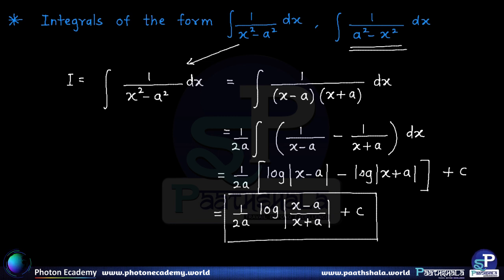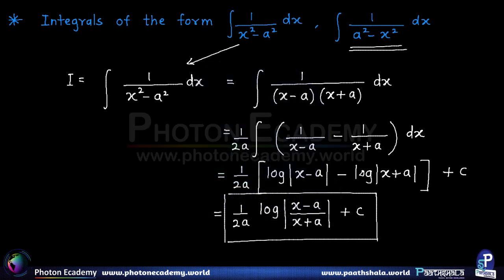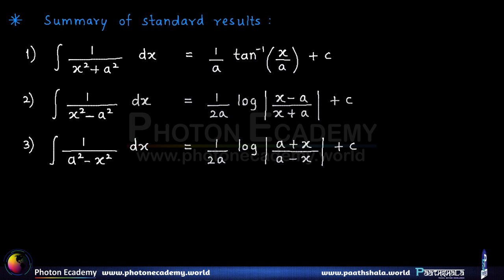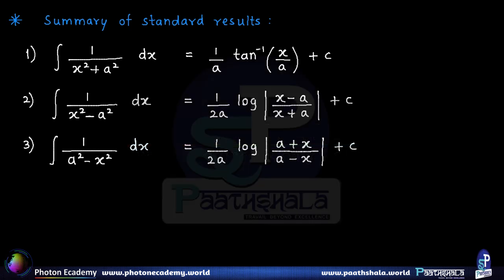So let us recap the last three integrals that we saw. So here is the summary of those results. Integral of 1 upon x square plus a square is 1 upon a tan inverse of x by a plus c. Then integral of 1 upon x square minus a square is 1 upon 2a log of x minus a upon x plus a plus c.